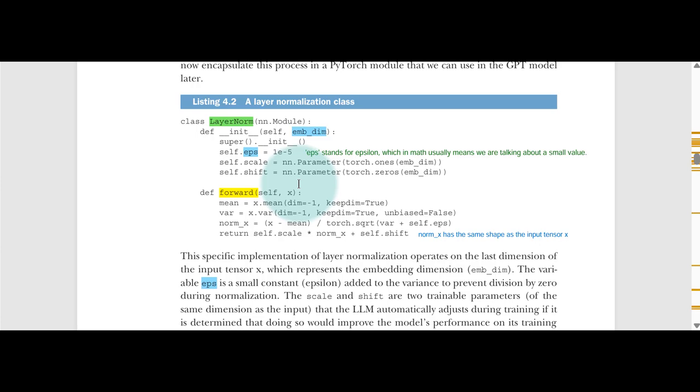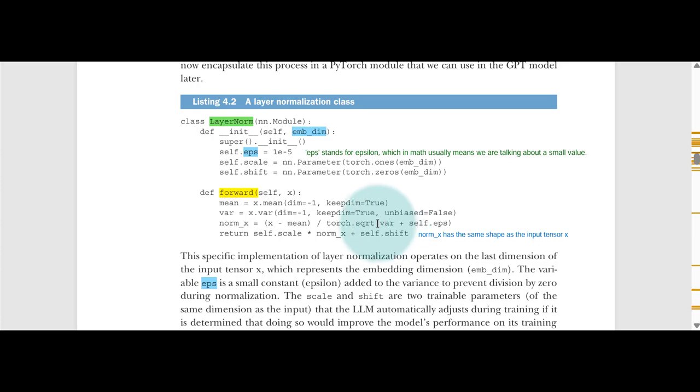And see how he, by the way, eps here stands for epsilon, and in math, epsilon usually means a very small number. And here we are going to use a very small number in the divisor. So when we're doing a division and we're taking the square root of the variance, what he's afraid of is, suppose the variance is 0.